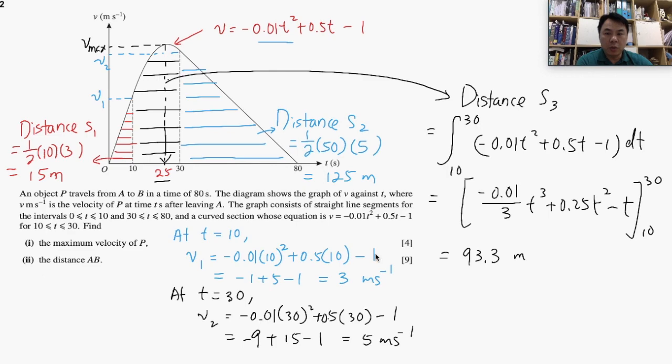Therefore, we can conclude the distance AB is the same as 15 meters from here, add up with 125 meters for this region, and then finally for the last region, 93.3.